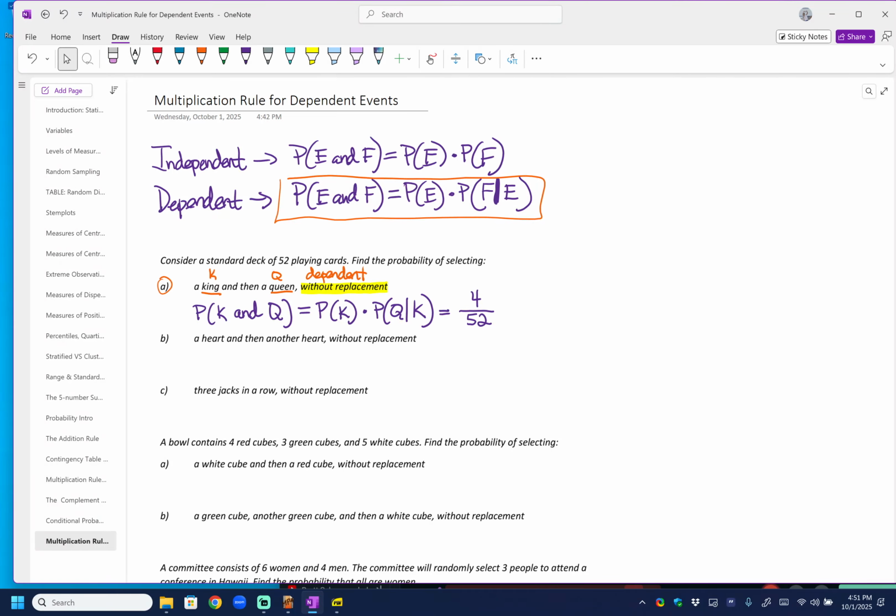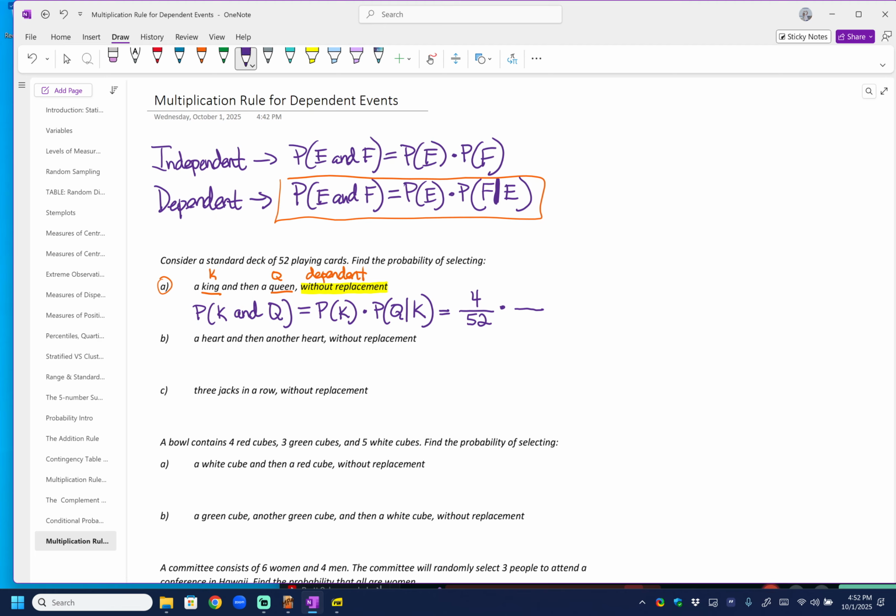Okay, but this is where things are going to change a little bit. So let's say you pick a card out of that deck and you're looking at a king. You decide, well, I'm just going to keep it and put it in my pocket. So the next time, when you go to reach in that deck, something's changed. It's not refreshed anymore, and it's no longer 52 cards.